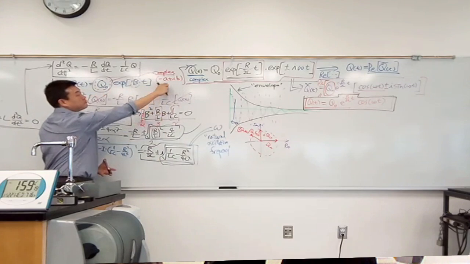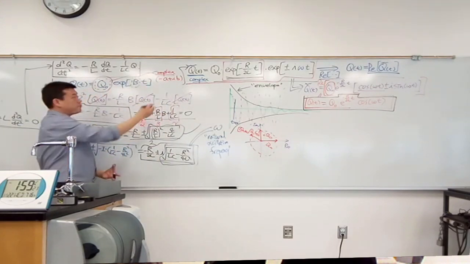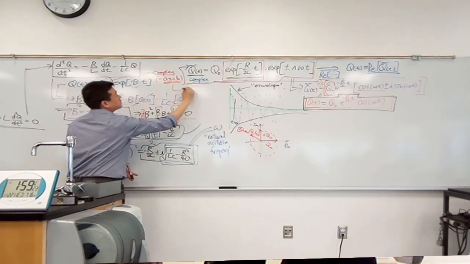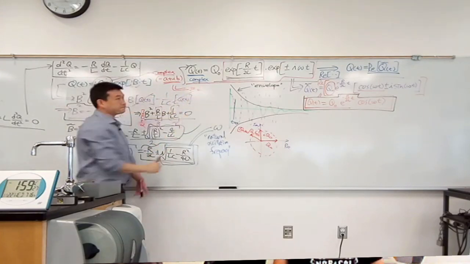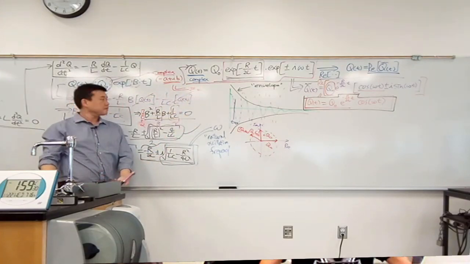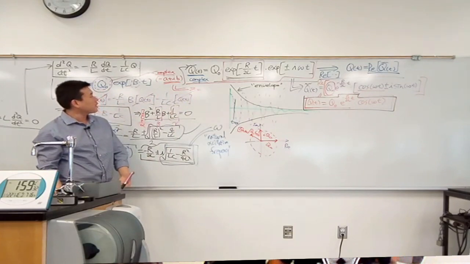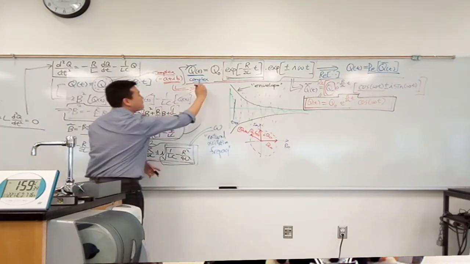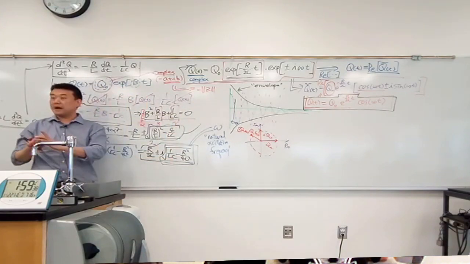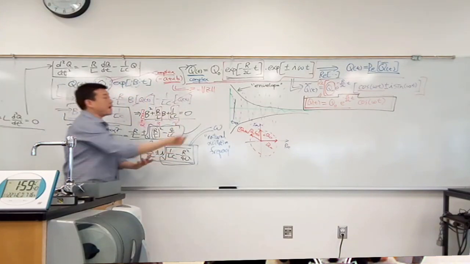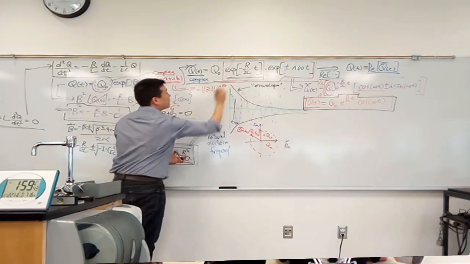This is the Cartesian representation. The other way of representing a complex number G is as some magnitude, the absolute value of G, some idea of length, times e to the i theta.